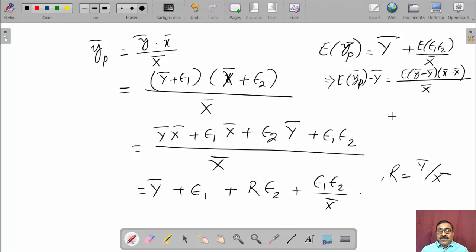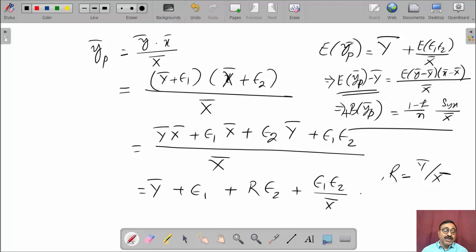Now this will be equal to (1 minus f) by n S_yx by X̄. So this is the bias of the product estimator. Bias of the product estimator is the expectation of Ȳ_p minus Ȳ.